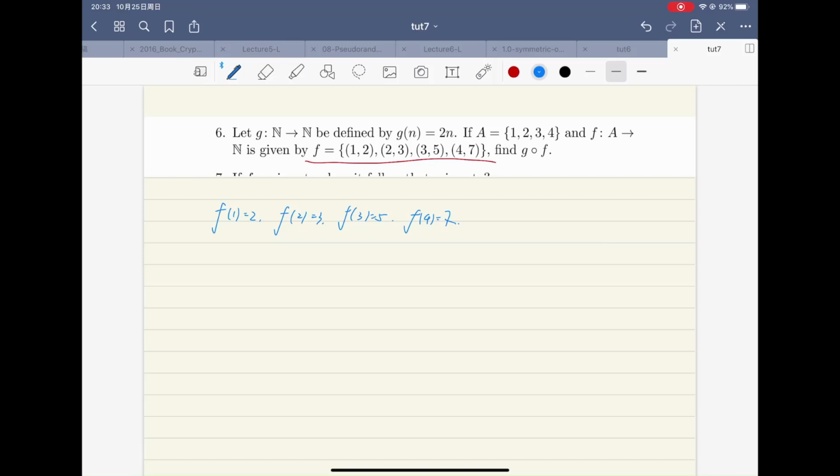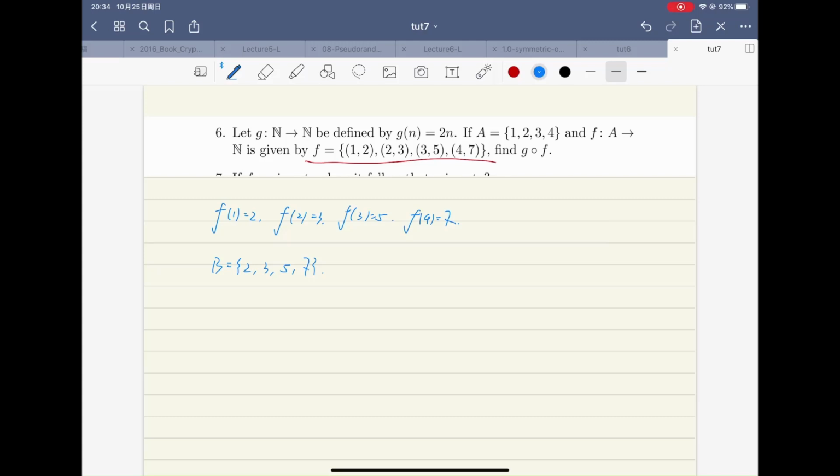Then we can construct a set B. We have B equals {2, 3, 5, 7}, because 2, 3, 5, 7 is the range of the function f.